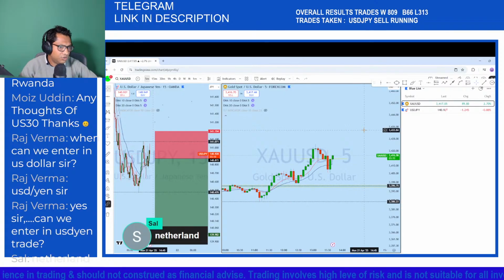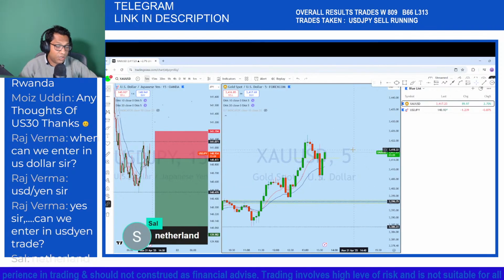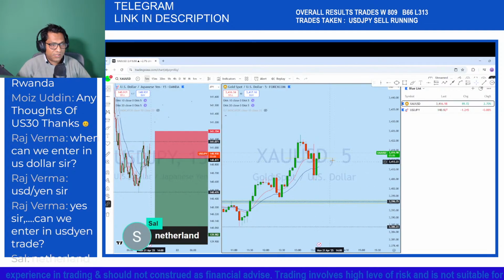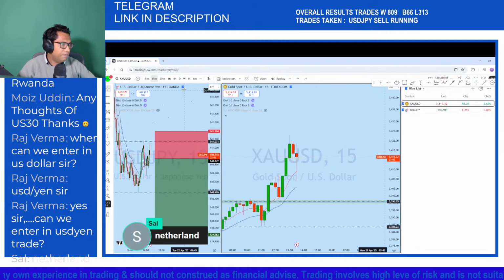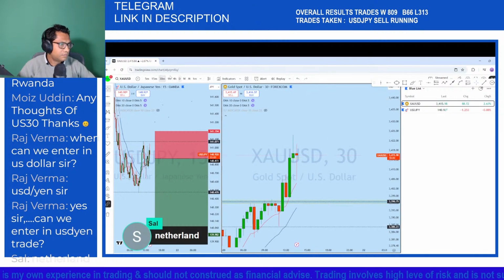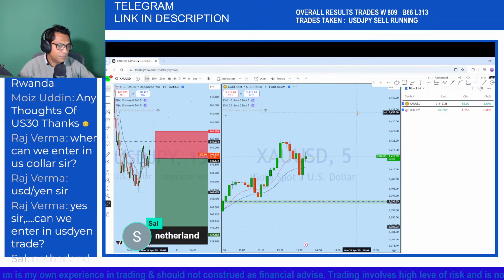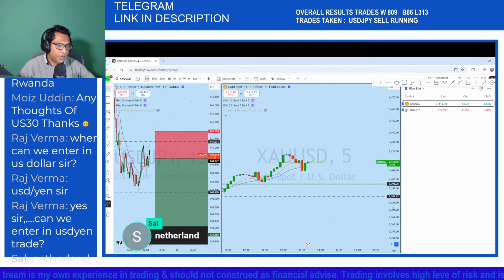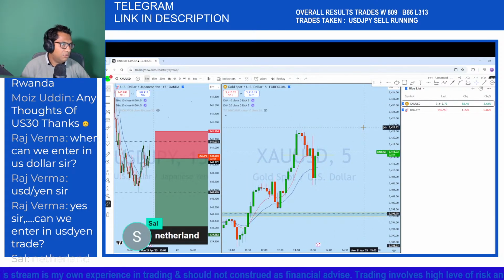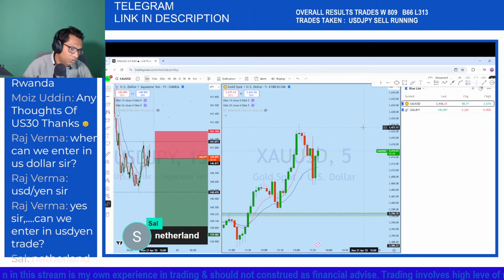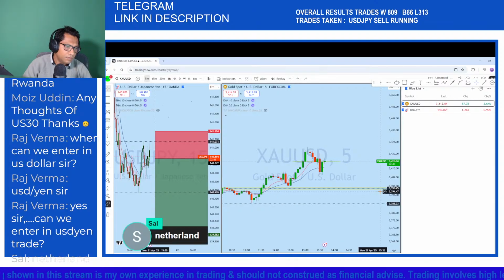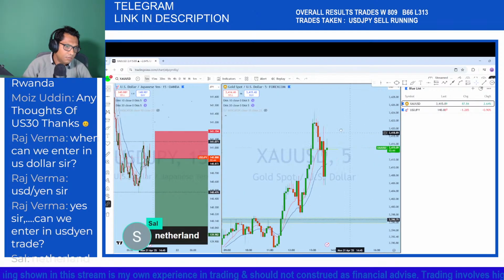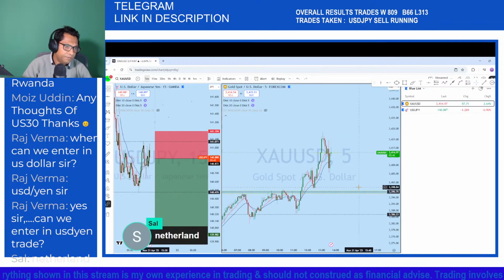We'll let it play out a little strongly here, where you can see that on gold, from this support, again trying to return back up. From the 5-minute chart on XAU USD, from the support, trying to head back up.